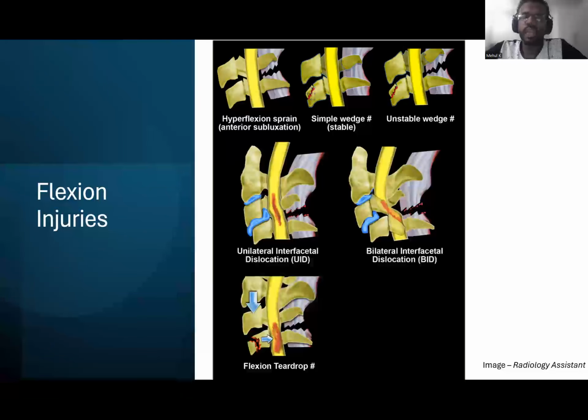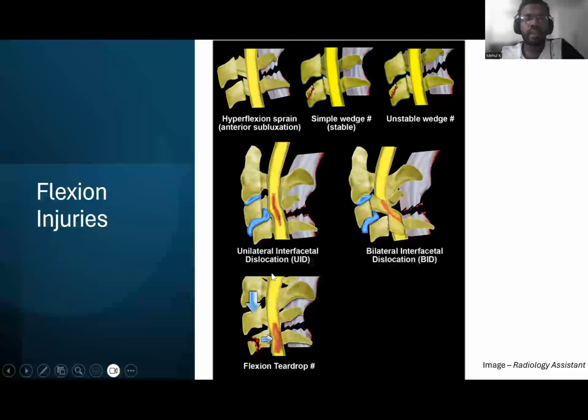The only thing is that extension teardrop fractures are due to avulsion of that particular segment, whereas flexion teardrop is due to a combination of flexion as well as compression from up to down. So that is why this happens in flexion teardrop.